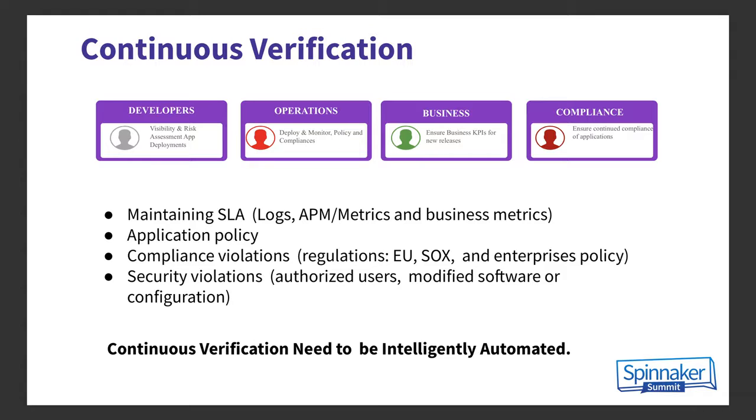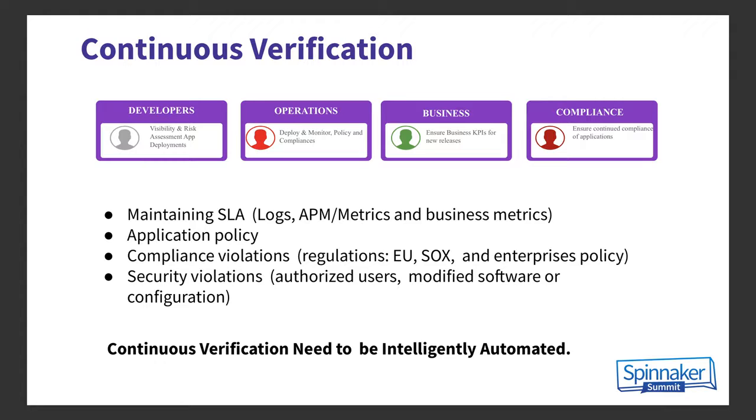Do I have to roll back? Is there a policy violation? Is there a compliance violation, and things like that. Business users are worried about their business KPIs and making sure end users and revenue are not affected. The compliance folks are worried about security violations, enterprise violations, or application-specific violations happening throughout.